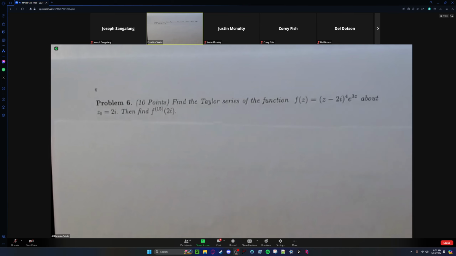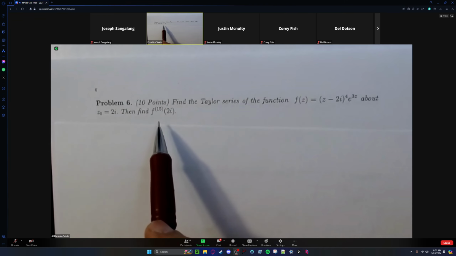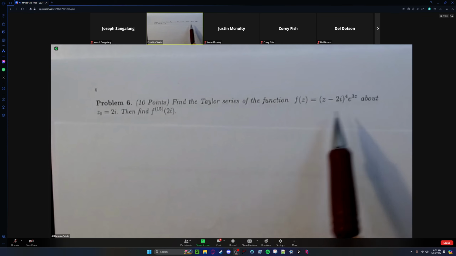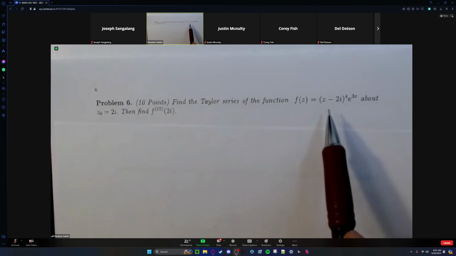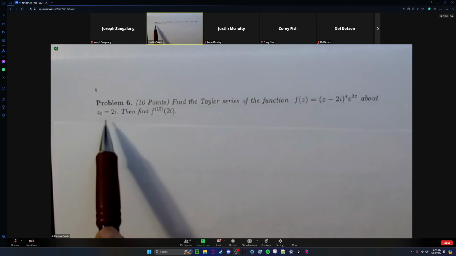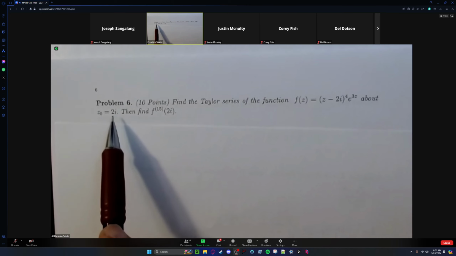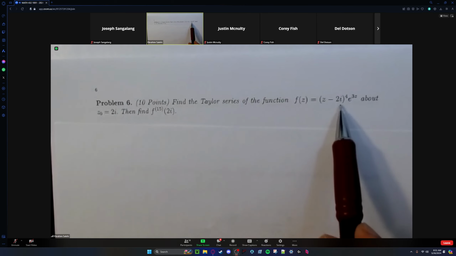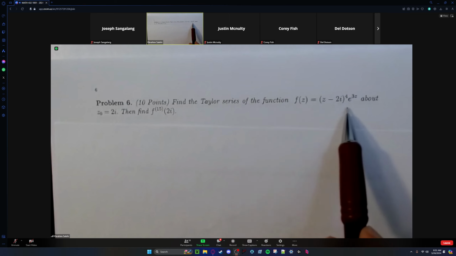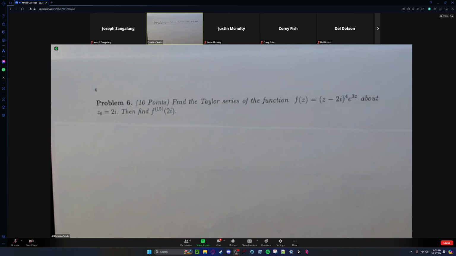In other words, we want the Taylor series in powers of z minus z naught, which is z minus 2i. So we want to expand this in powers of z minus 2i.